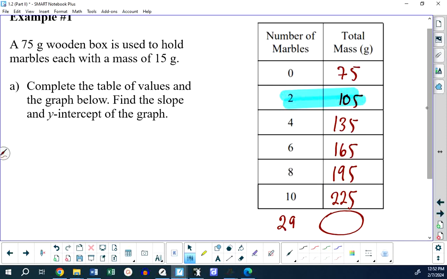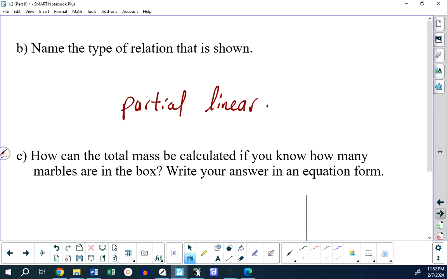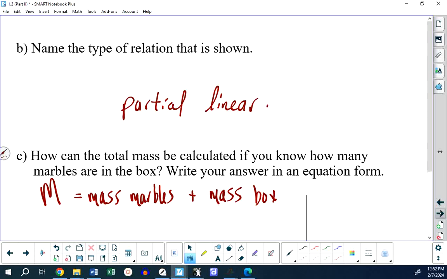Well, the total mass is the mass of the box plus the mass of the marbles, right? So the total mass is the mass of the marbles plus the mass of the box. Well, what's the mass of the box? 75, isn't it?